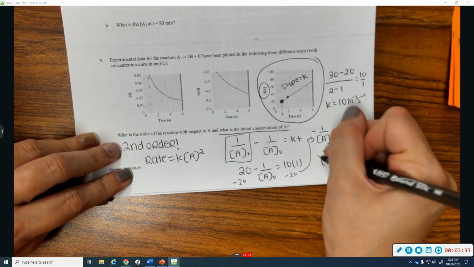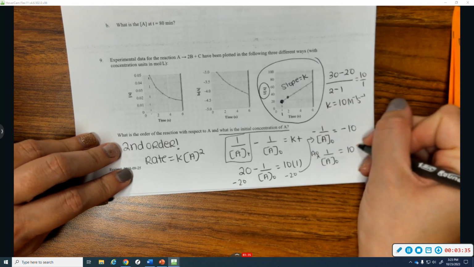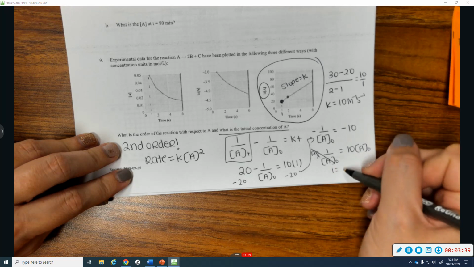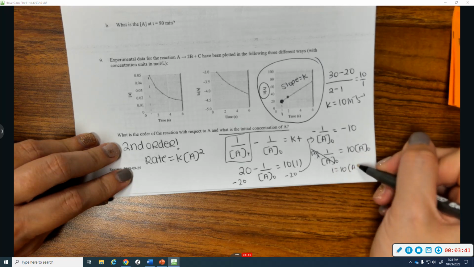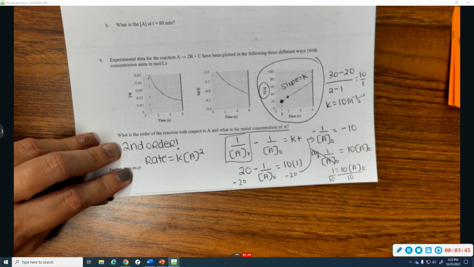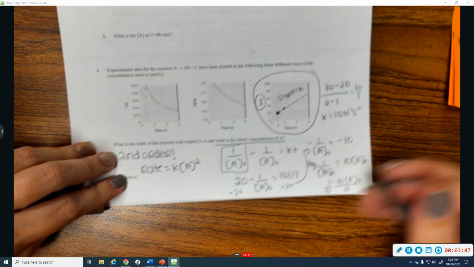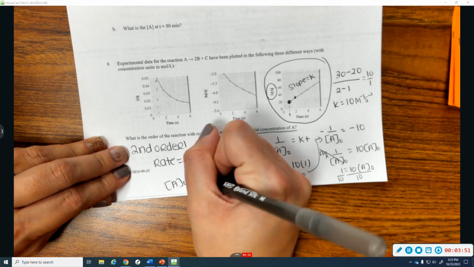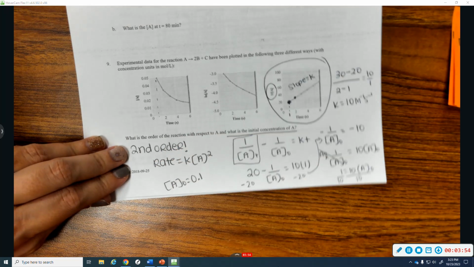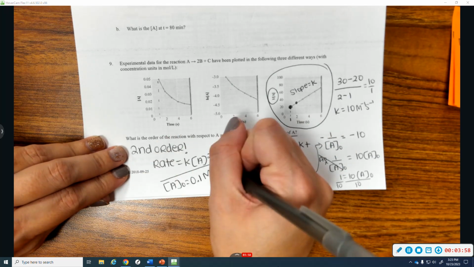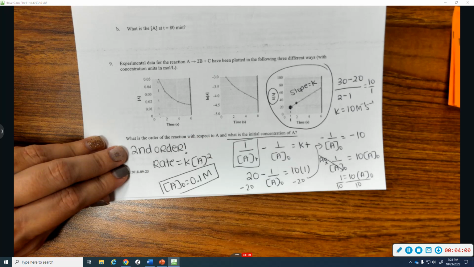You can multiply [A]0 on both sides, those cancel out. We have 1 equals 10 times [A]0. Divide both sides by 10. The initial concentration of [A]0 is, I ran out of space, 1/10, also known as 0.1. And because it's concentration, the unit is molarity. That's how you would solve this.